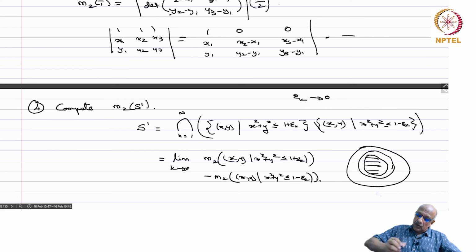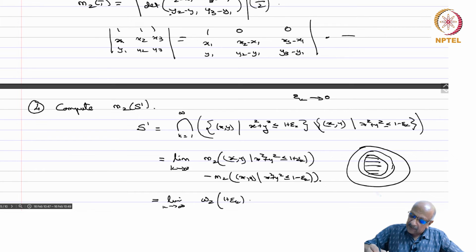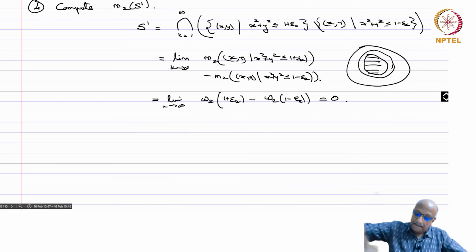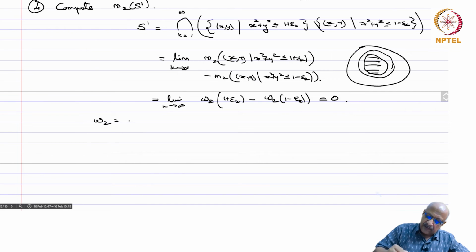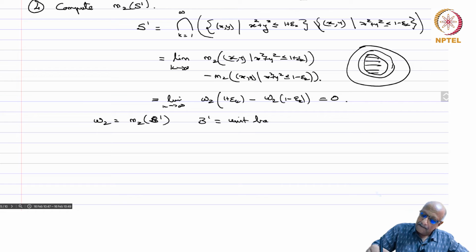Okay, so now you can show that this is equal to the limit as k tends to infinity of omega 2 times (1 plus epsilon k) square minus omega 2 times (1 minus epsilon k) square, and that is of course 0, where omega 2 equals M2 of B1, where B1 equals the unit ball, and we know of course that this is equal to pi.